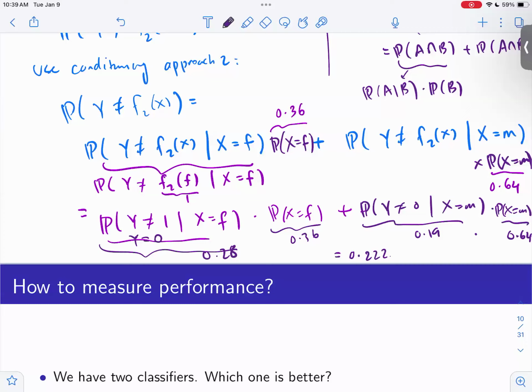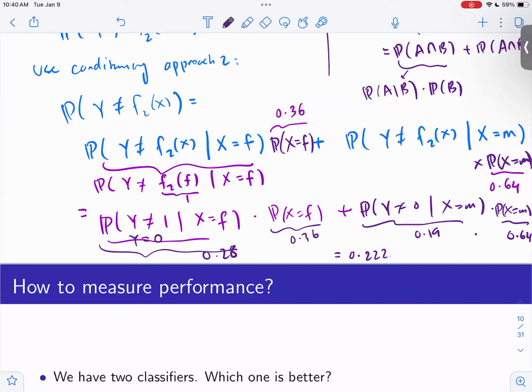This actually tells you how to find the best classifier. If my goal is to minimize this, intuitively we did condition on x, but maybe something else is better. I have two classifiers so far. The second one is better. Maybe there's a third one that lowers the error even more.